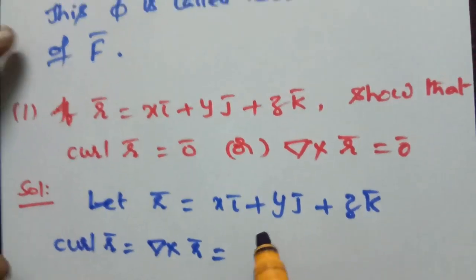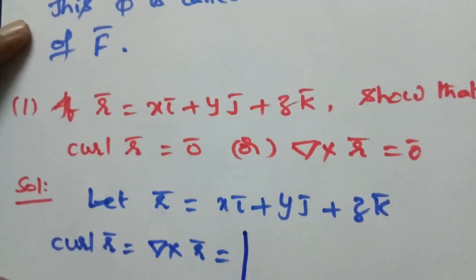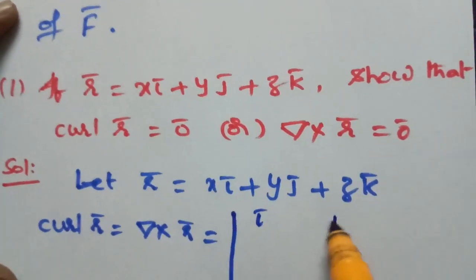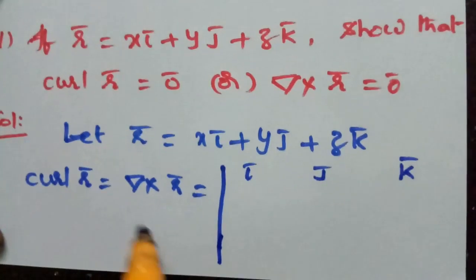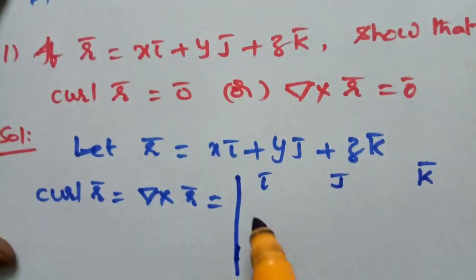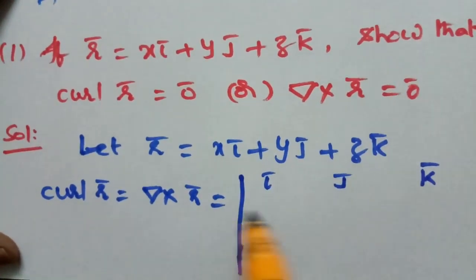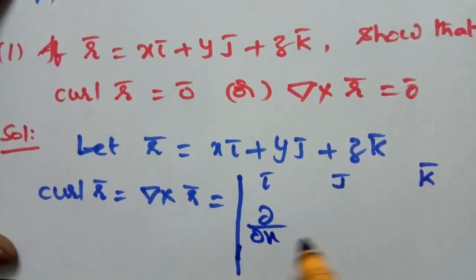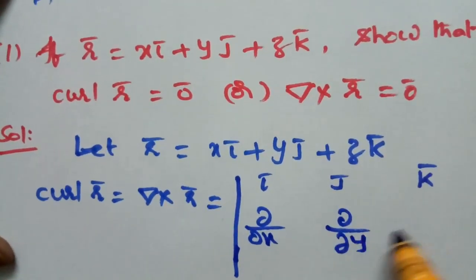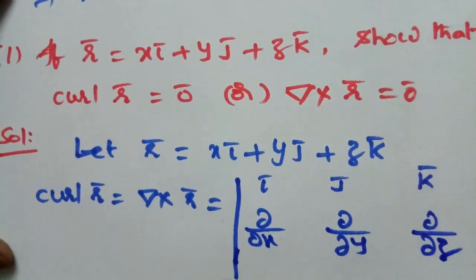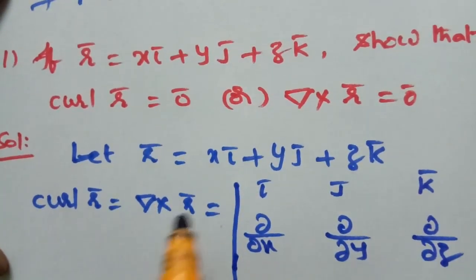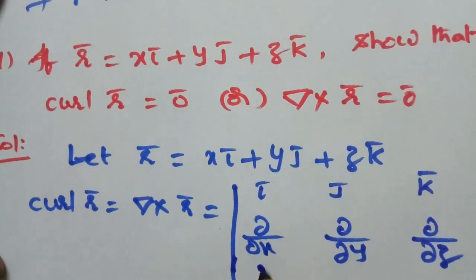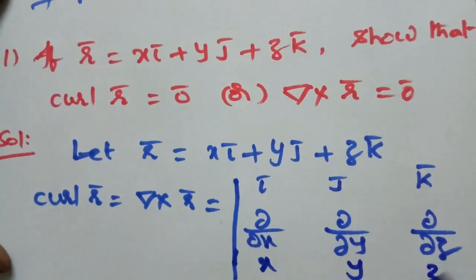Here we have to write the determinant of i bar, j bar, k bar, and components in del, that is dou by dou x, dou by dou y, dou by dou z, and components of i bar, j bar, k bar in r bar, that is x, y, z.